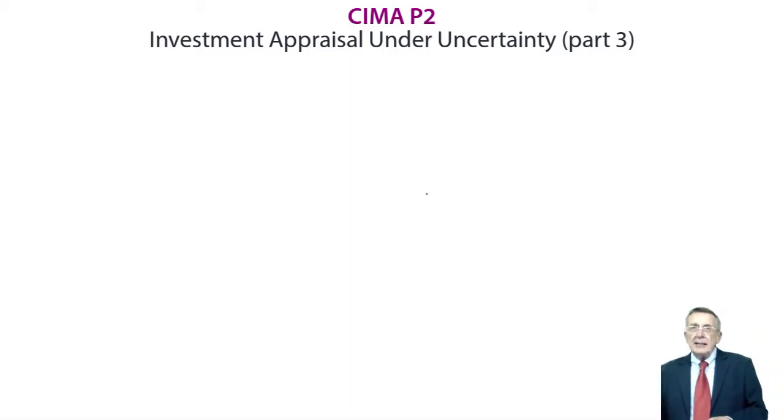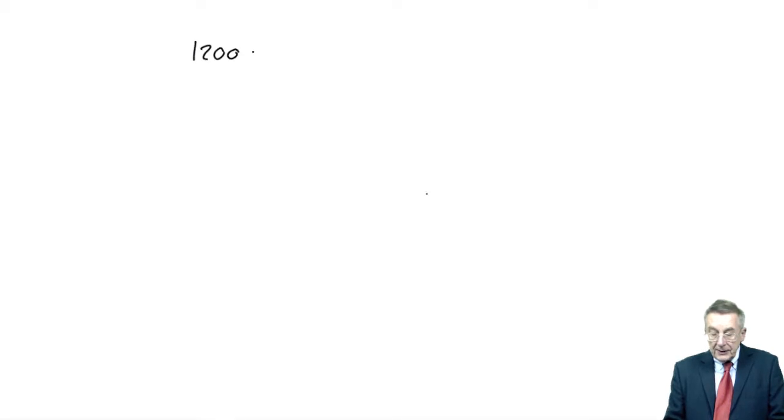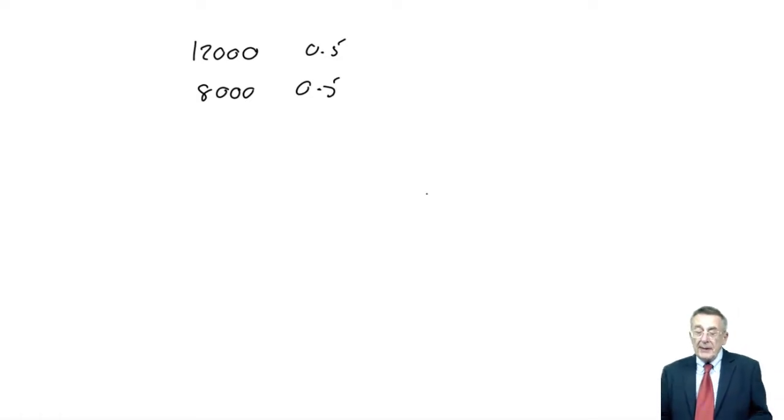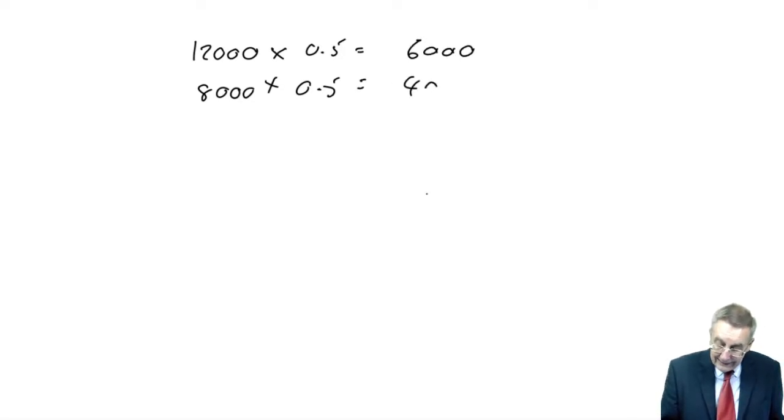think back to expected values. Suppose I had a flow which we estimated was going to be either 12,000 or 8,000 with probabilities 0.5. Whenever we're uncertain, there are two outcomes and we've got the probabilities, we base it on the expected value, the average, which is 10,000.